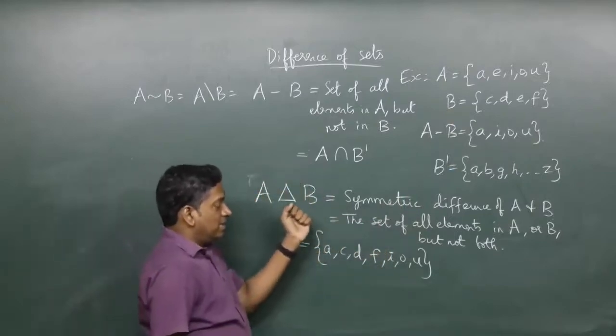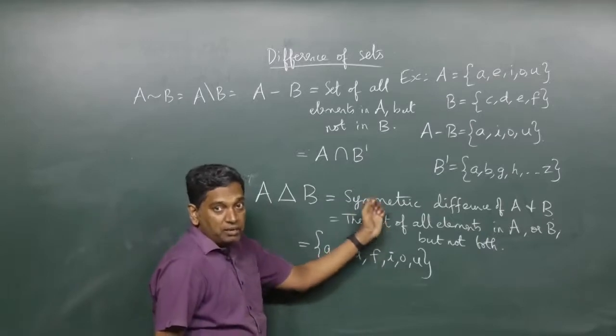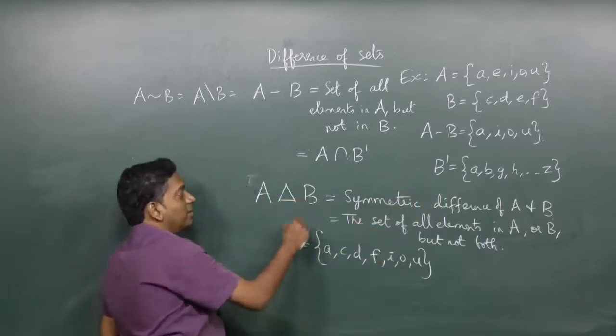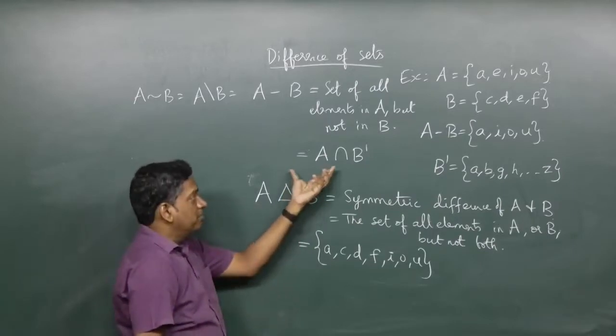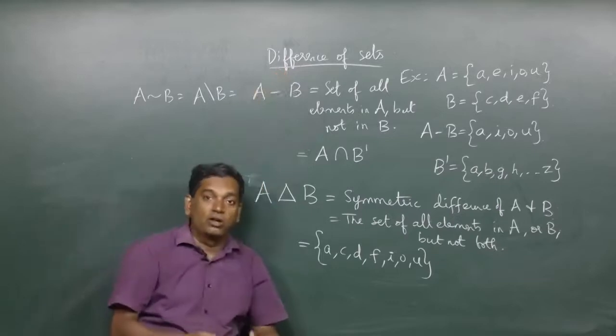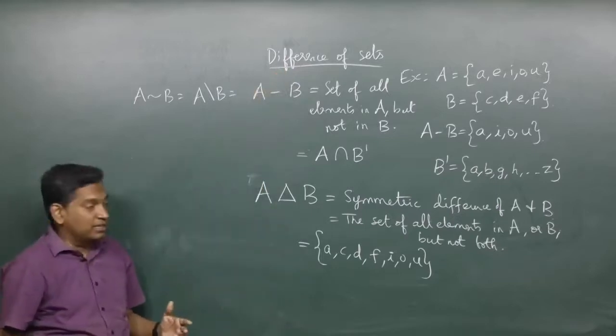It's in A or in B but not both. Now what would this operation be in terms of the operations that we have learned so far, union or intersection or complement, etc.?